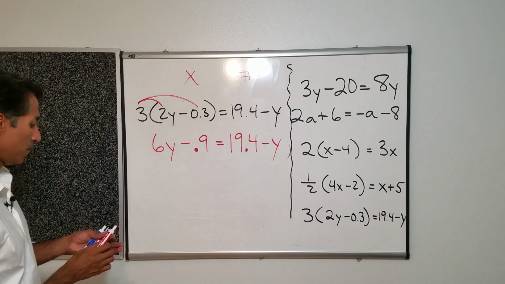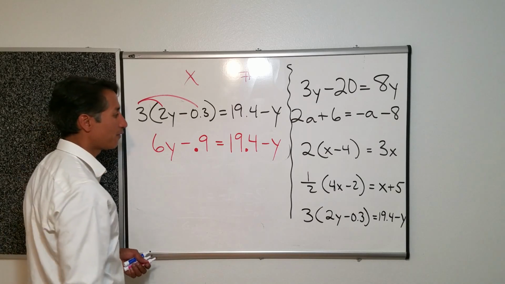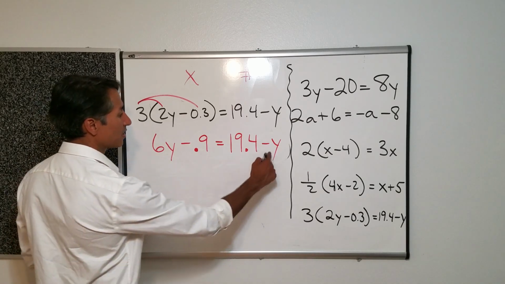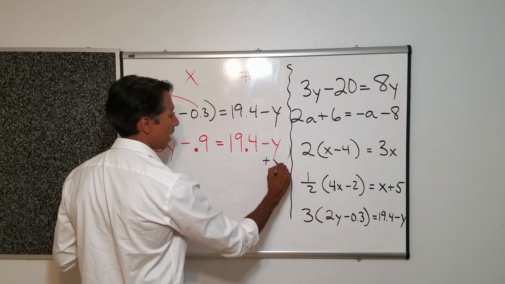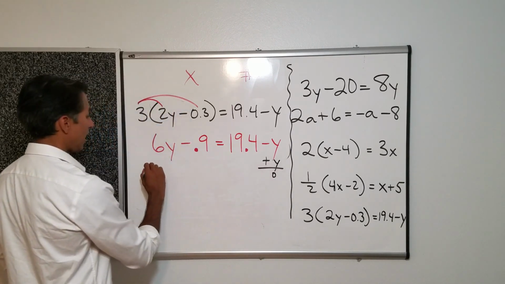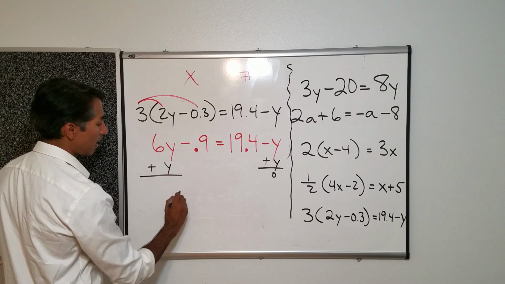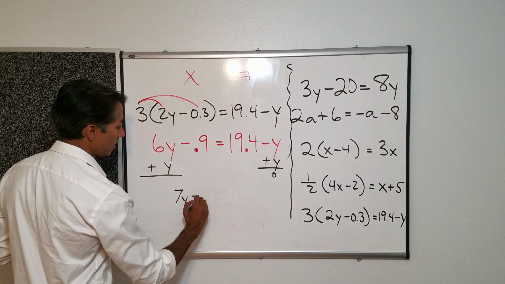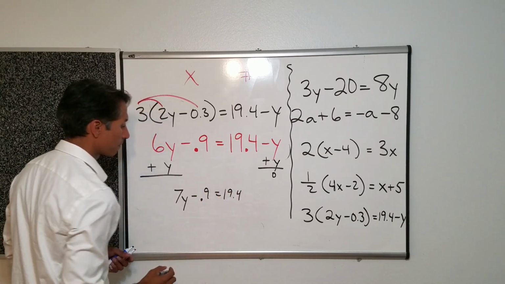Like I said, I like to do my x's or y's first. Because this is already just minus 1 unit of y, it would be quick for me to add 1 unit of y and add 1 unit of y. 6 y's plus another y is 7y minus 0.9 equals 19.4.